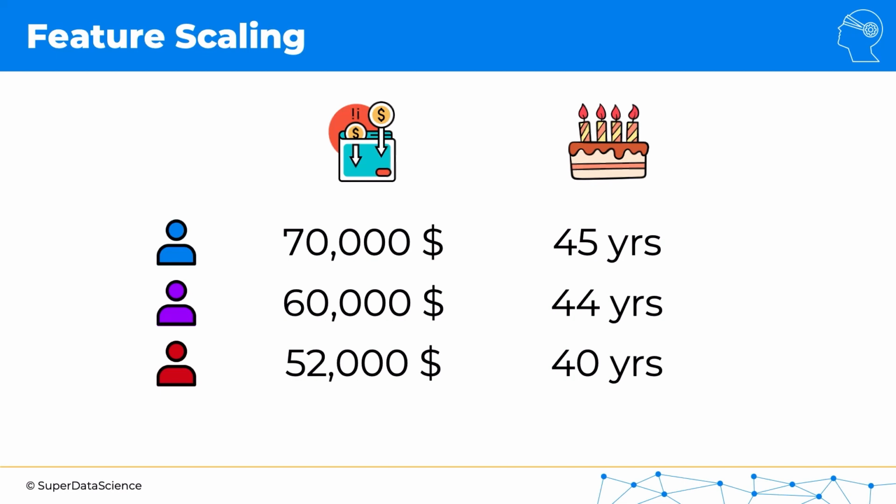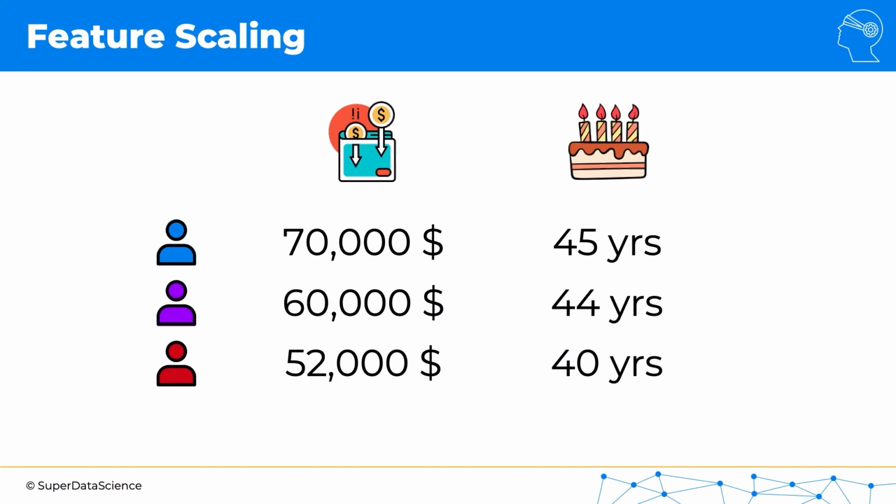This is more relevant for the clustering algorithms that we'll be discussing in the following section of the course, but it is just such a simple illustrative example that we're going to use it here to show the importance of feature scaling.